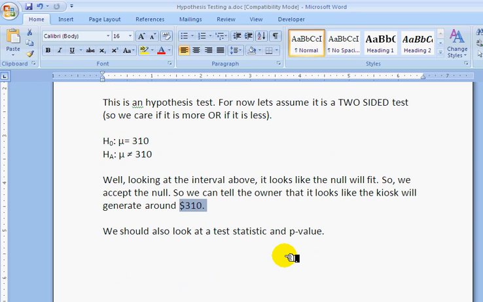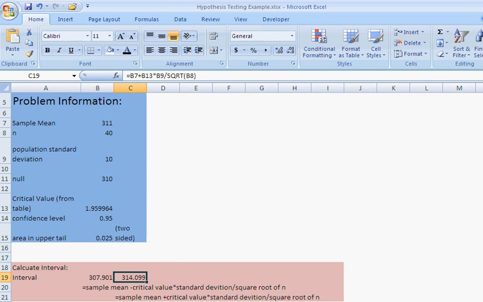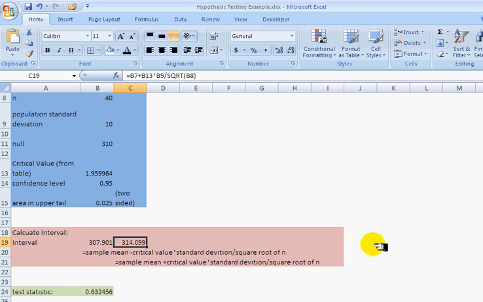We should also, however, look at a test statistic and a p-value if we're doing hypothesis testing. So let's go back to Microsoft Excel and calculate ourselves a test statistic and a p-value. Okay, my test statistic is calculated down here. It's calculated by picking up the absolute value.